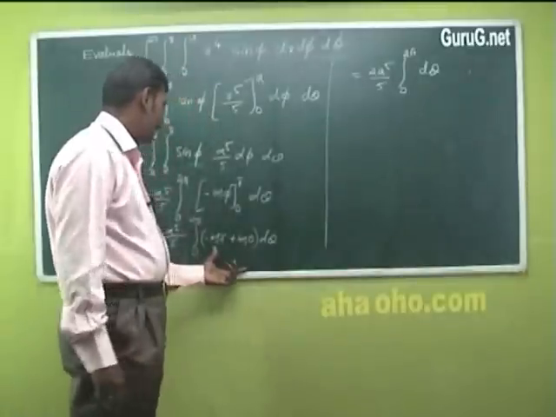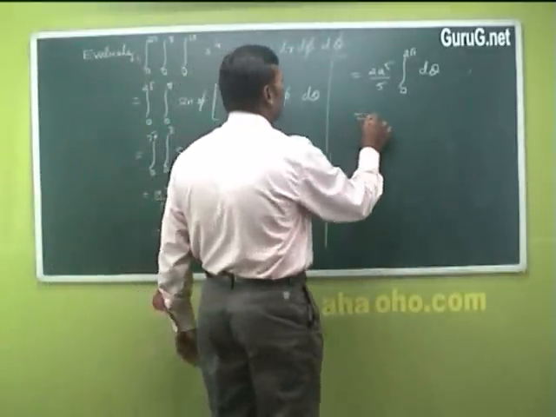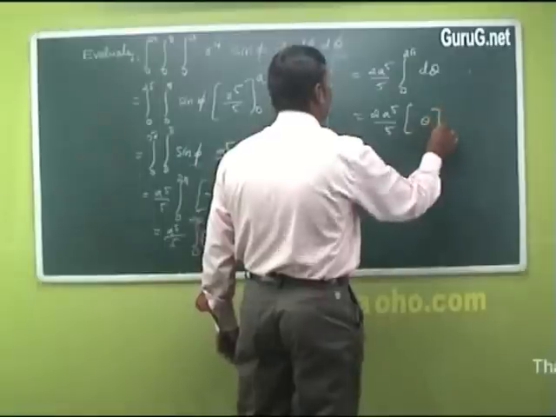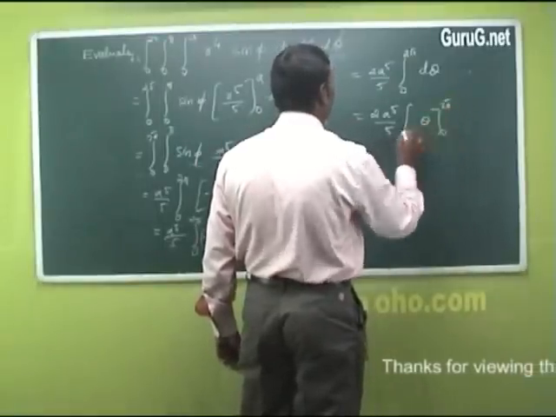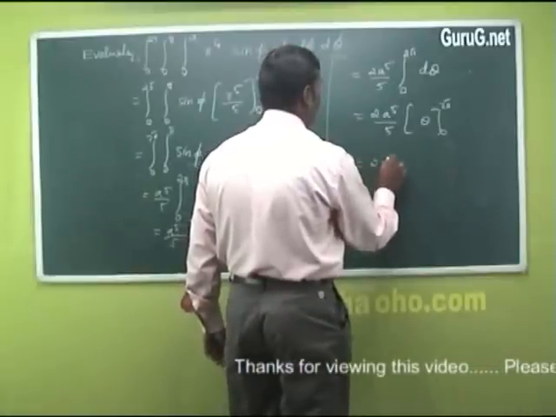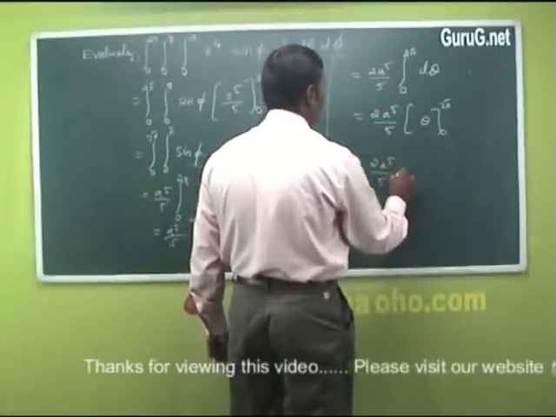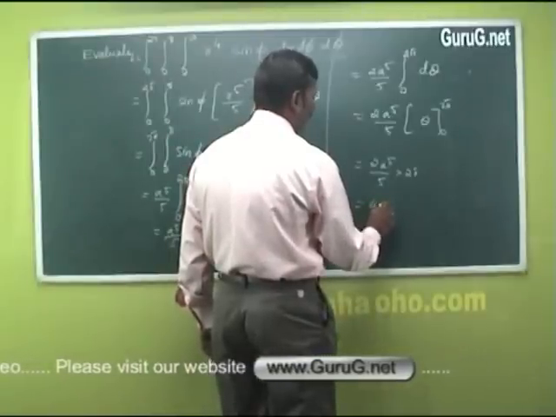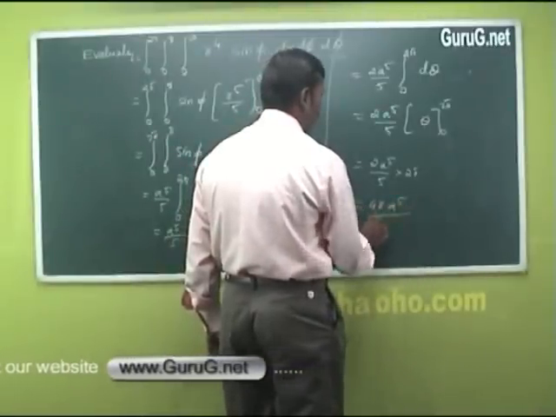This is a constant. Now the integration of d theta is theta, so from 0 to 2 pi, I get 2a power 5 by 5 into 2 pi, so 4 pi a to the power 5 by 5.